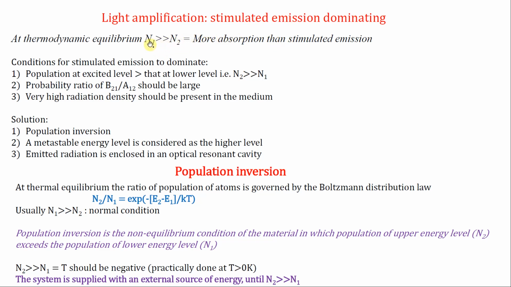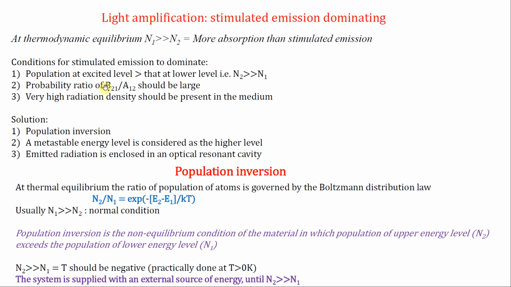If atoms in the low energy level are more, there is more chance for absorption than stimulated emission. So we need 3 important conditions for stimulated emission to dominate. First, the population at the excited level has to be more than at the lower level, or N2 has to become much greater than N1.